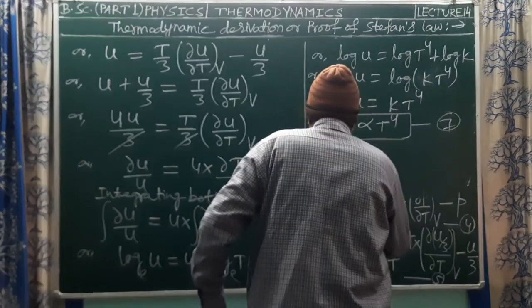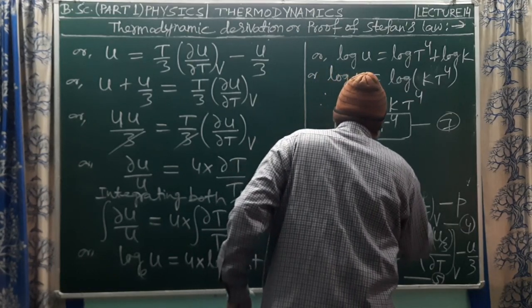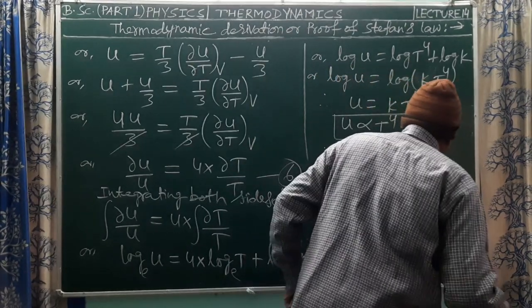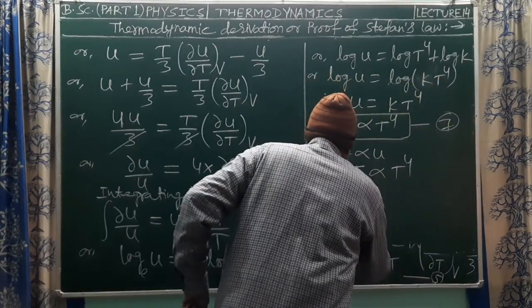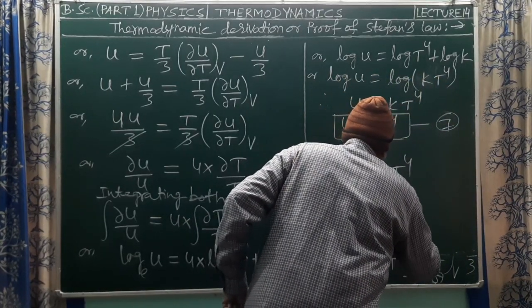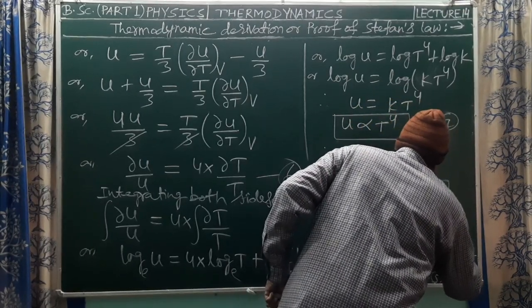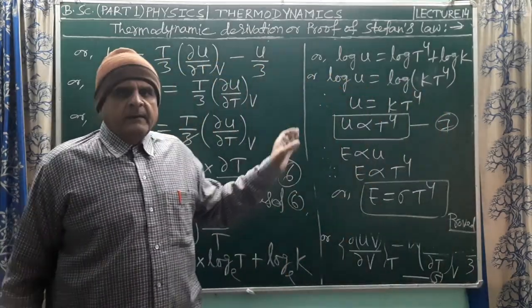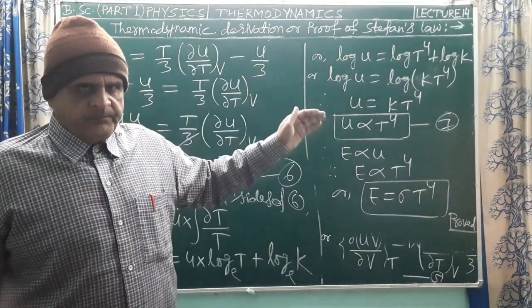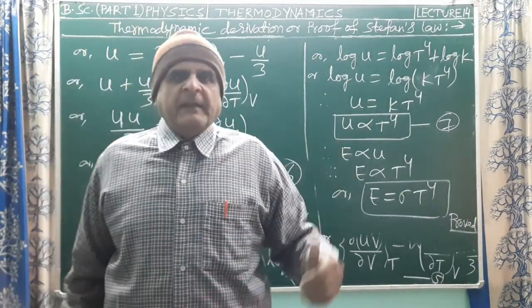Therefore, we have E varies as T to the power 4, or E equals to sigma T to the power 4, which is Stefan's law. That is proved. That is Stefan's law is proved. Thus, we have derived or proved Stefan's law using thermodynamic principle.